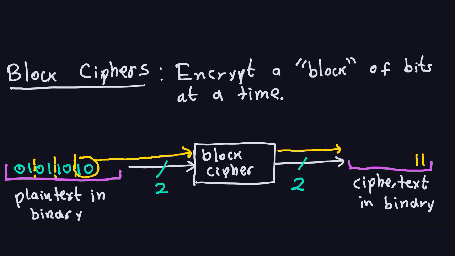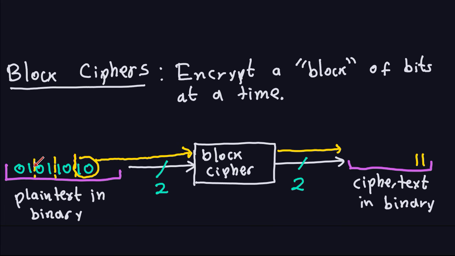Now, modern ciphers, of course, they don't work on blocks of 2 bits. The blocks are a little bit larger. Now, one problem that we might discuss later is what happens if, you see here, this is a plain text. It's okay to divide this in blocks of 2, and so I have complete blocks. But let's say my cipher is blocks of 3 bits. Now, I have 8 bits here.